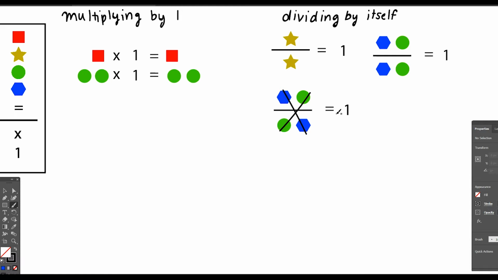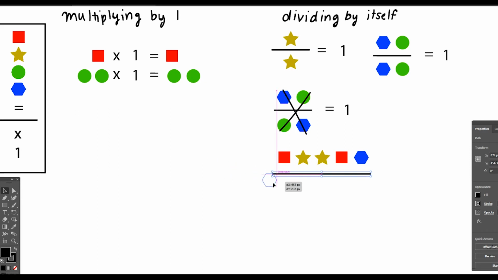So given this, let's look at a slightly more complicated problem, but it still has the same simple principle. Let's say that I have a whole medley of things. Let's just say I have a red square and then a gold star, and maybe I have another gold star, and then maybe I have another red square, and then let's say that I have a blue hexagon, and let's put that all over another medley of things.